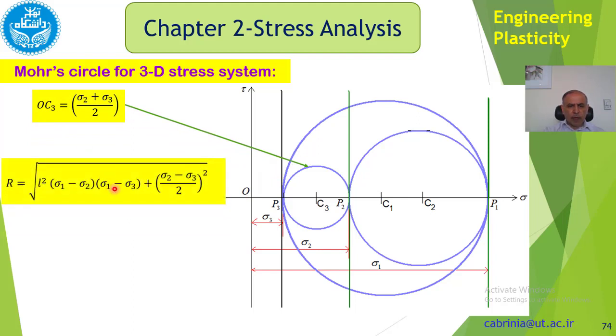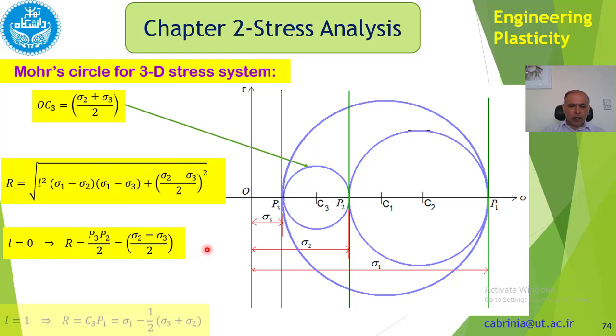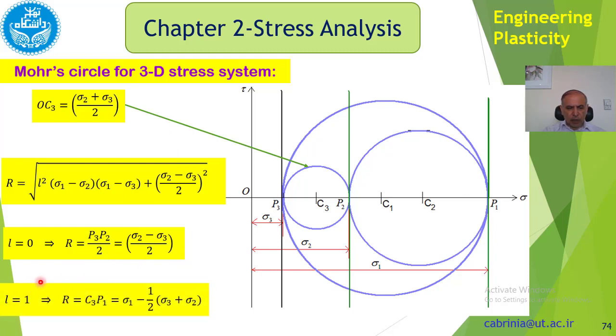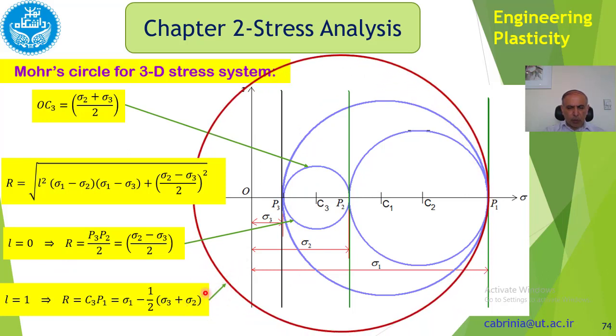Therefore, the radius, we had it from before, this relationship is times L squared. If we put L equal to 0, we get this relationship, and if we put L equal to 1, we get that. So this is the smaller circle, and this is the bigger circle, a very much bigger circle.